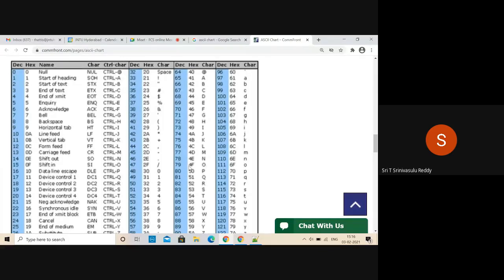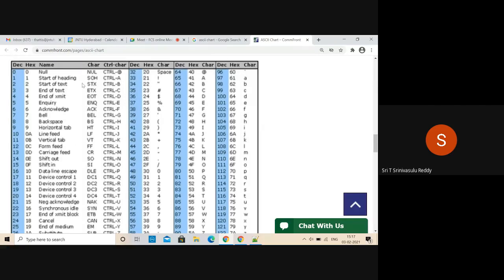As you can see here, the character 0, 3, 4, 5, 6, 7, and so on. 9 is this.